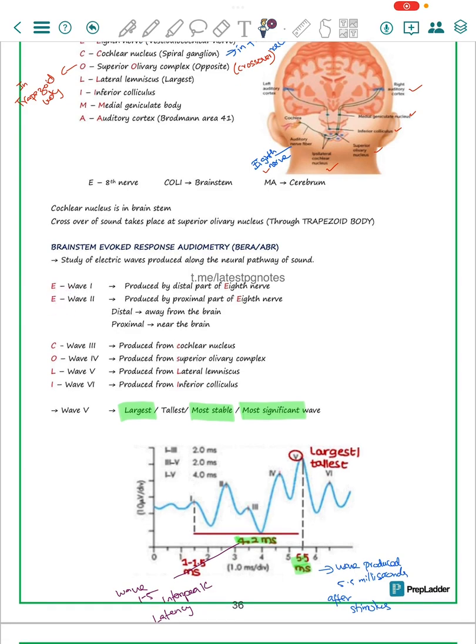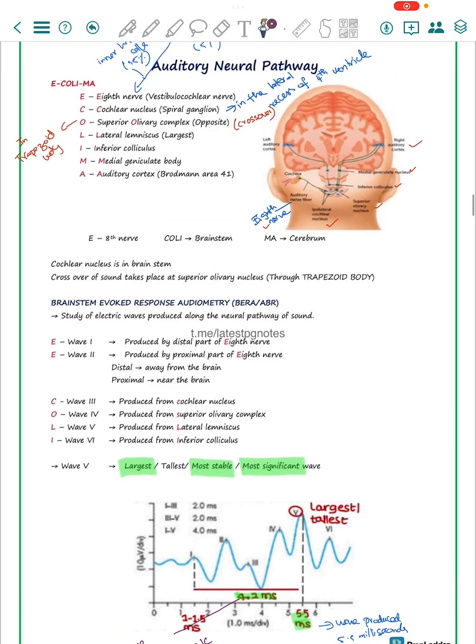There is a single E, but here it is a double E COLI, whereas the E or eighth nerve corresponds to wave 1 and wave 2. The wave 1 is produced by the distal part, wave 2 is produced by the proximal part of the eighth nerve.